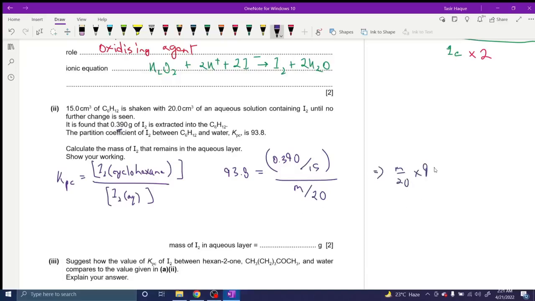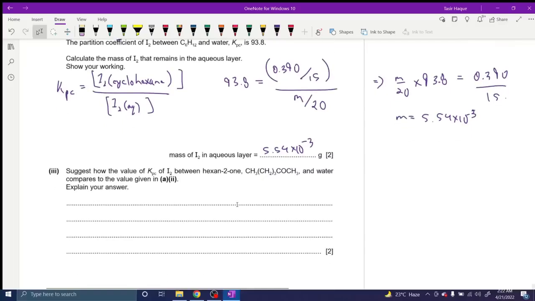M by 20 into 93.8 is equal to 0.390 by 15. I'm getting a value of 5.54 into 10 to the power minus 3. In chemistry, we typically opt for 3 significant figure answers.